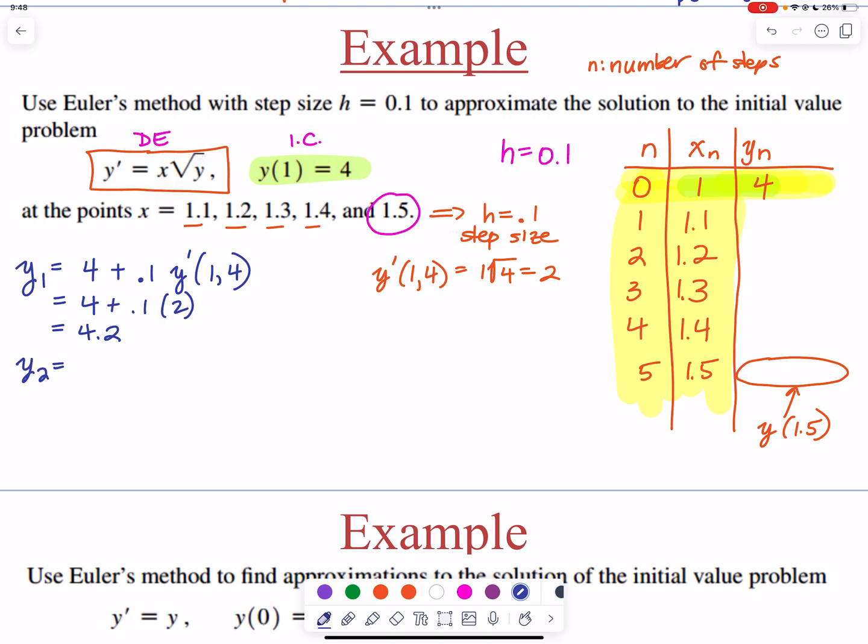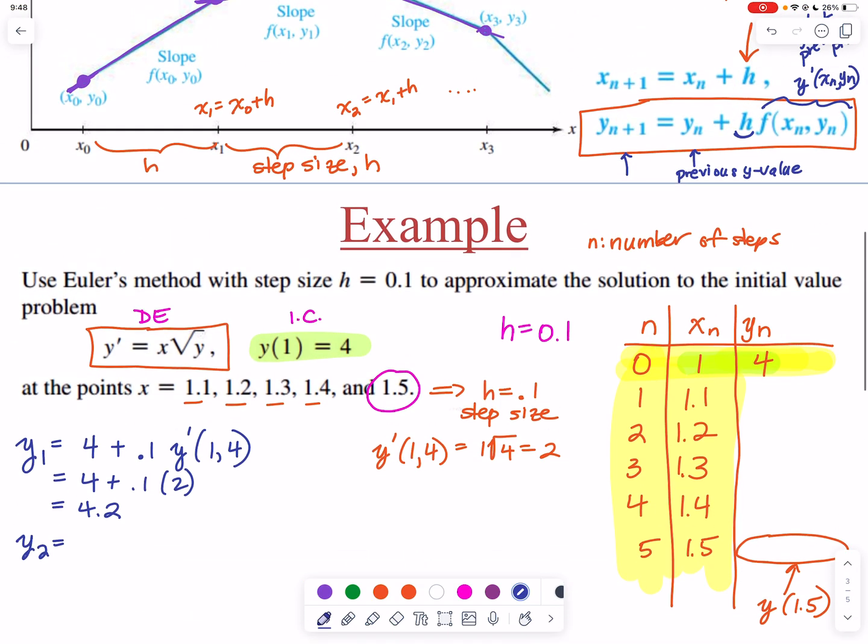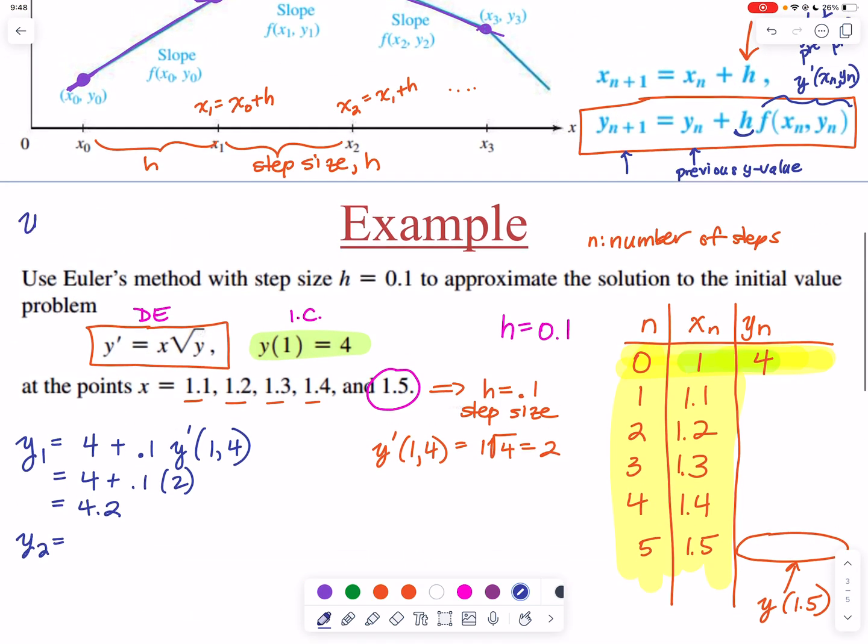Remember, I'll write this here: y sub n plus 1, the next y value, is the previous value plus our step size, multiplied by the derivative evaluated at the previous point.